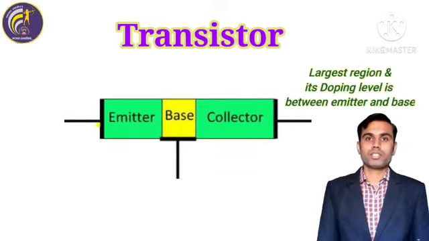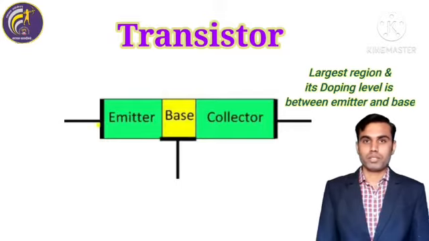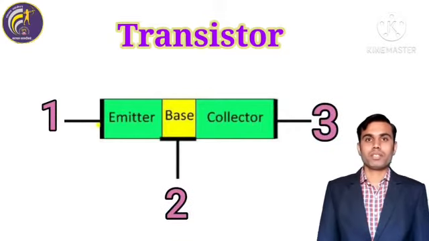The collector is the largest region and it is moderately doped. The doping level of the collector is in between the emitter and the base. So the transistor contains three regions called emitter, base and collector.